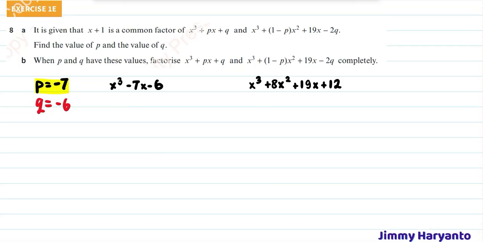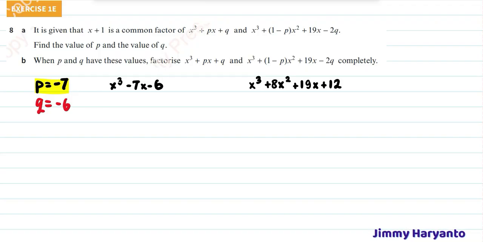Okay, for question B, we already have p equals negative 7 and q equals negative 6 from the previous answer. I just input the p and q right here, and then I will have these two polynomials. After that, the question wants you to factorize completely. To factorize means you have to divide the polynomials by one of the factors first.